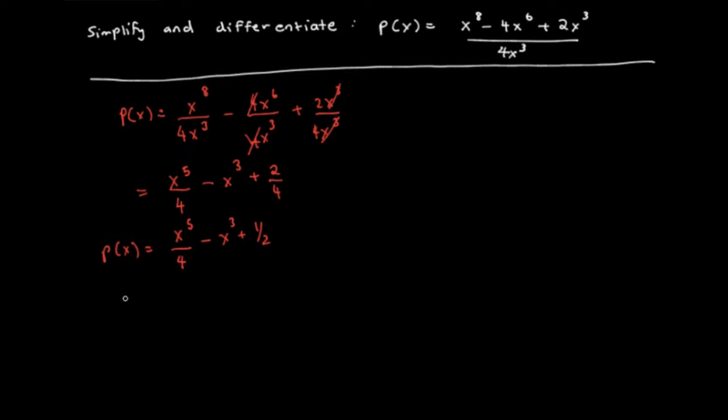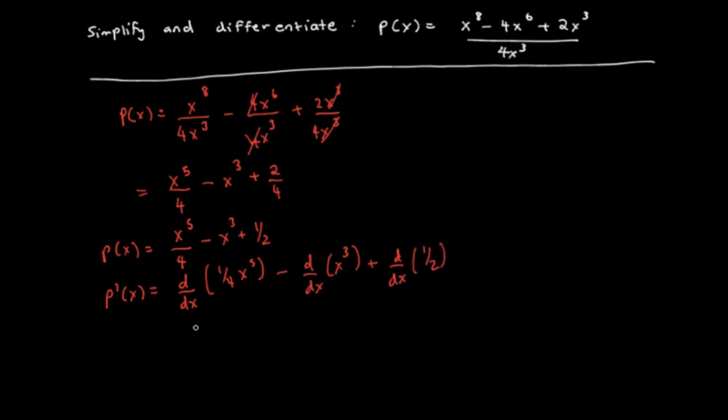And then what you want to do here is find the derivative. So p prime of x is equal to, I'm just going to be using the combination of the difference and the sum rule. So the derivative with respect to x of 1/4 x to the power 5 minus the derivative with respect to x of x cubed, plus the derivative of 1/2.